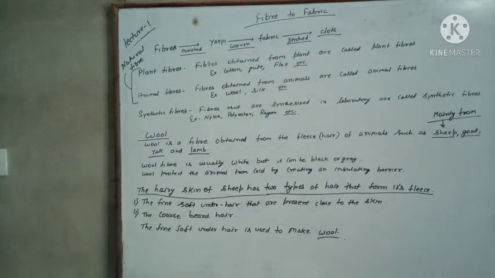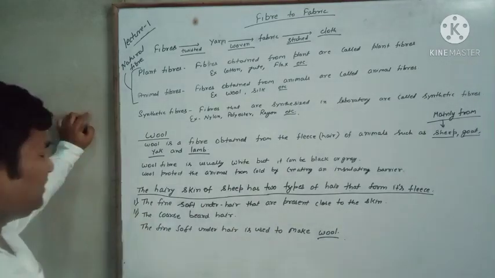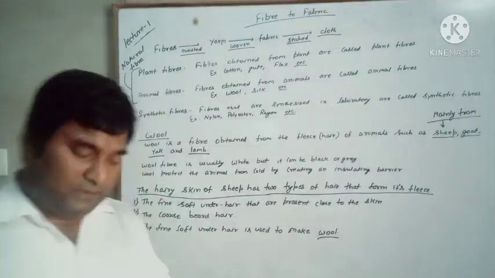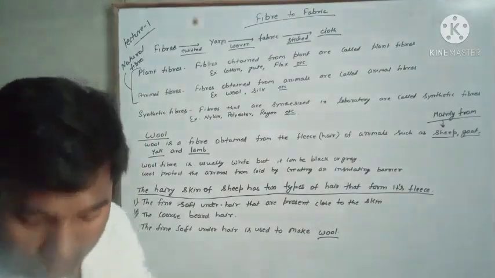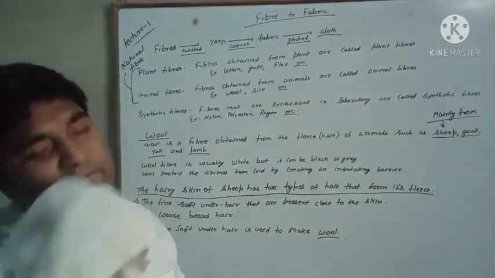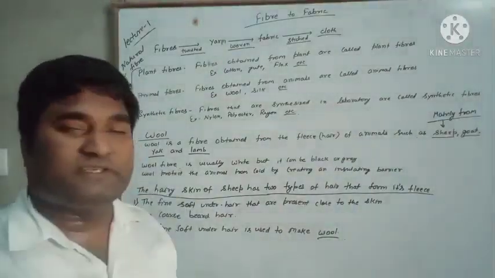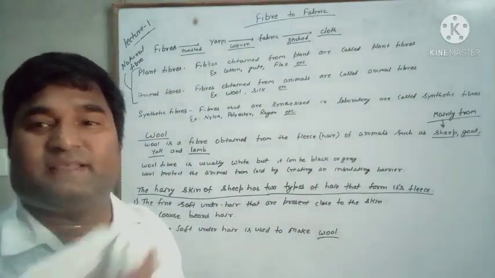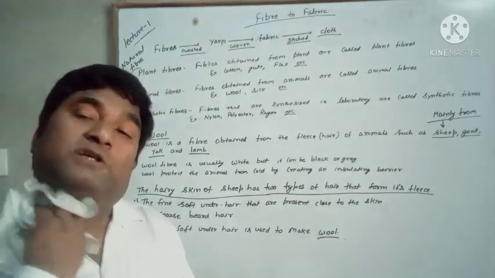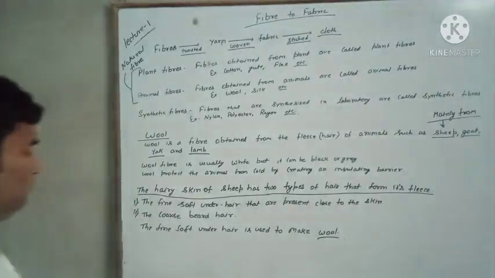The hair on the body of the sheep is of two types: the hair close to their skin is soft, and the hair above that soft hair is coarse. So the soft underside hair is used to make the wool.